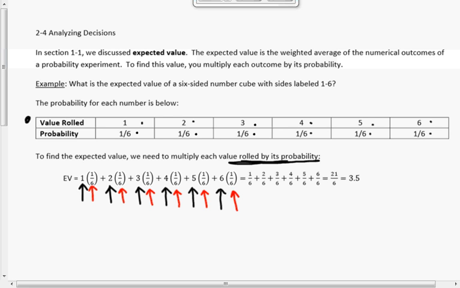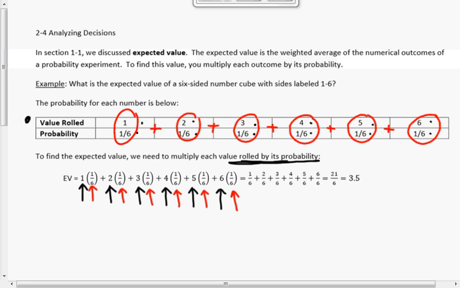This is really easy if you make the table, because you're pretty much just multiplying, multiplying, multiplying, and then adding each thing together. So making the table is going to make it a little bit easier on you. I'm not going to make a table for everything in these notes, but making a table is probably going to be a little bit easier for you.